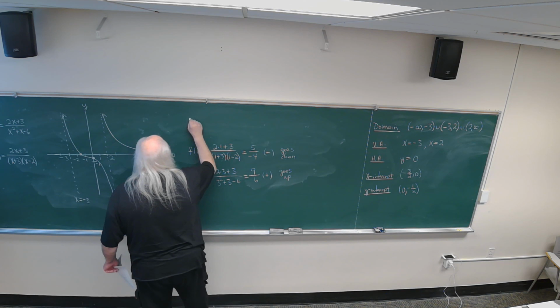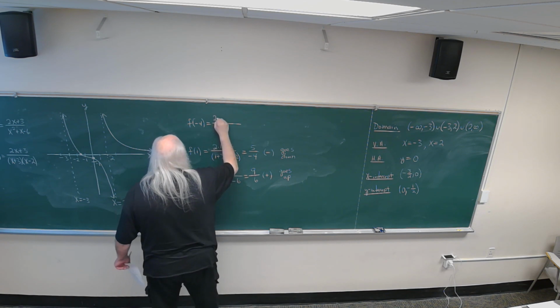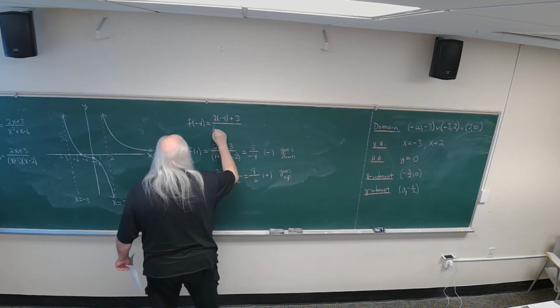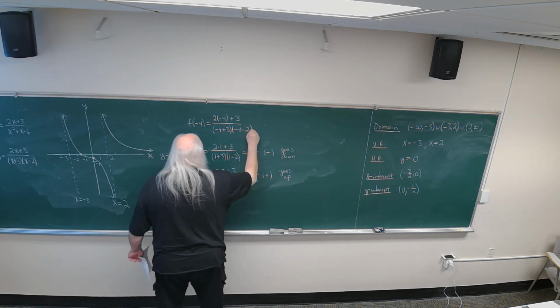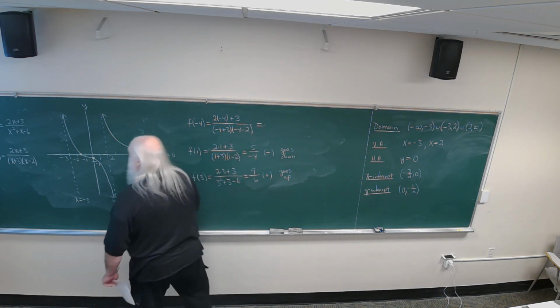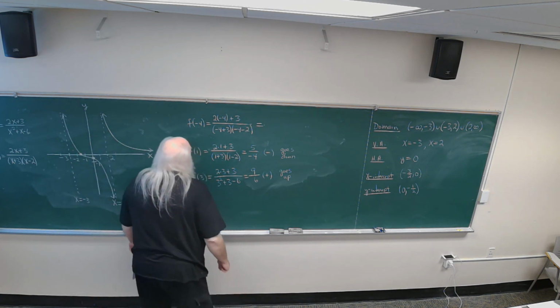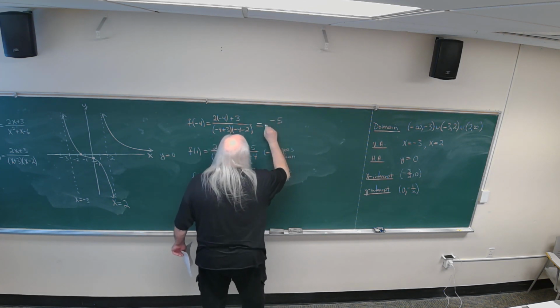And we have f of minus 4 is equal to 2 times minus 4 plus 3 over minus 4 plus 3 times minus 4 minus 2. Again, I'm using the factored version of f of x. Okay. 2 times minus 4 plus 3 is negative 5.